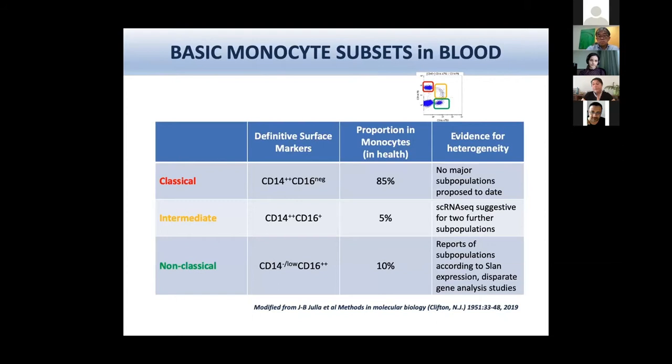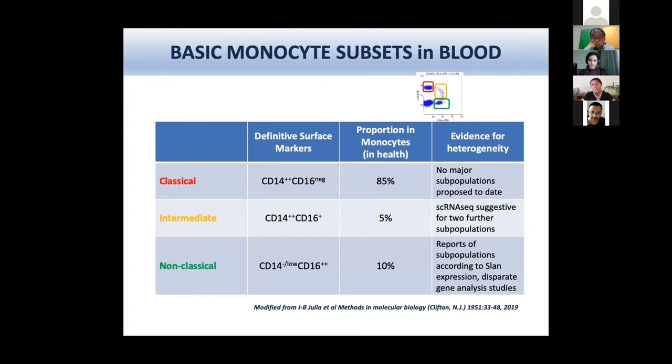The classical ones are the dominant ones in the blood. They are 85%, and there are no major subpopulations proposed for these cells to date. The intermediate ones are CD14 positive, dim CD16 positive.